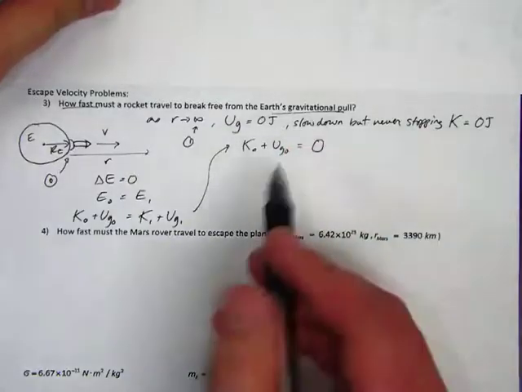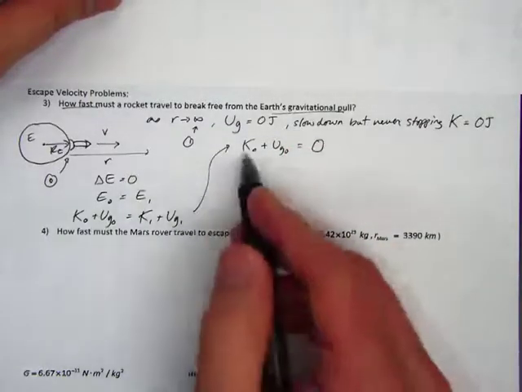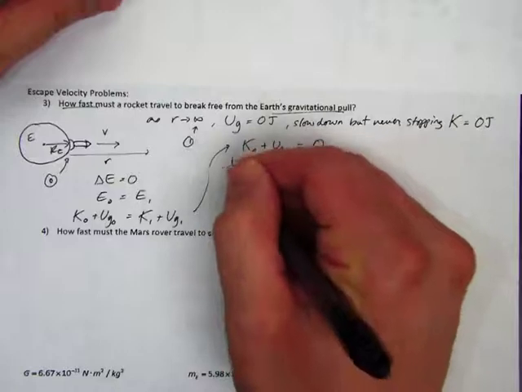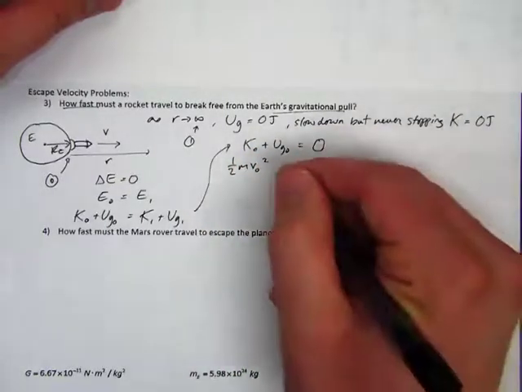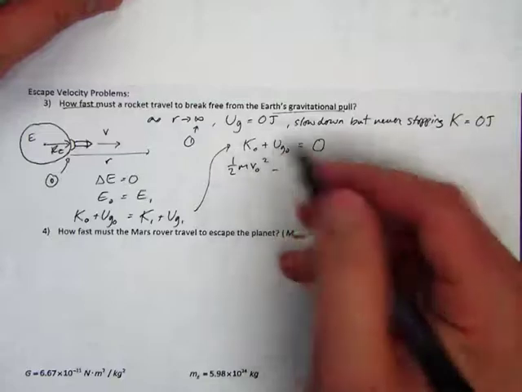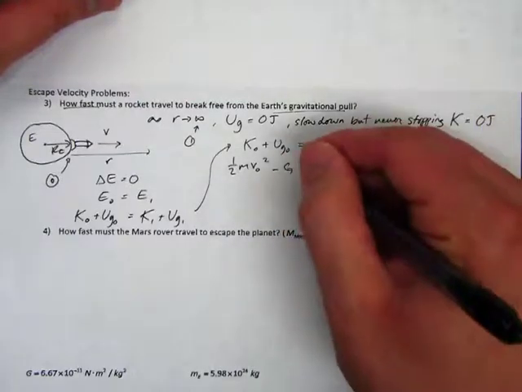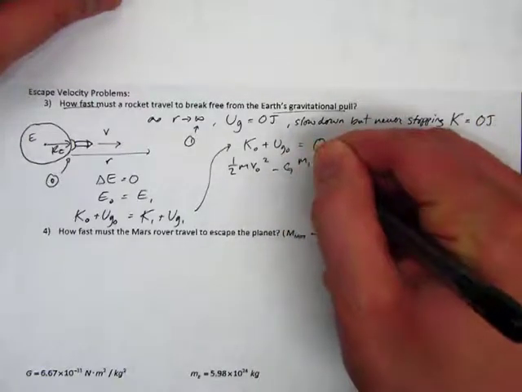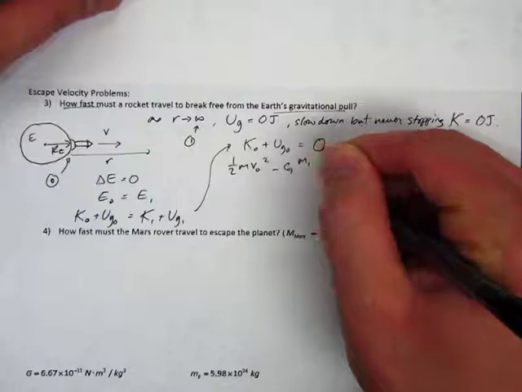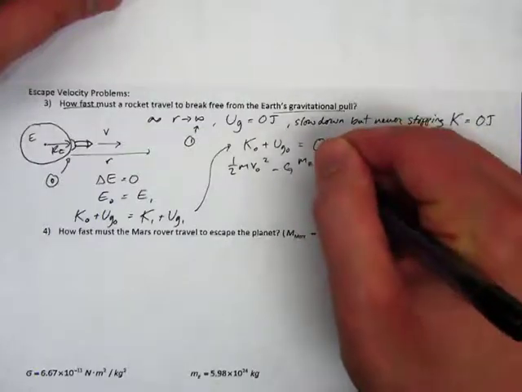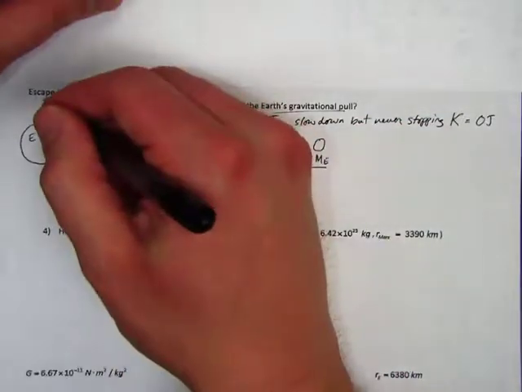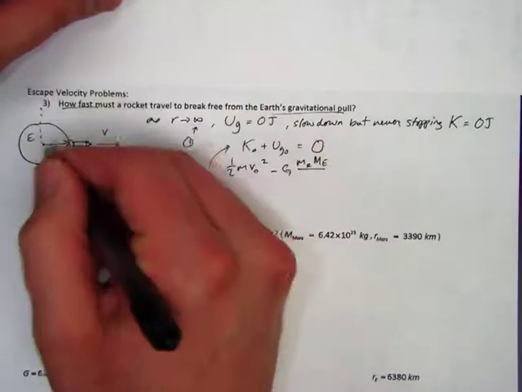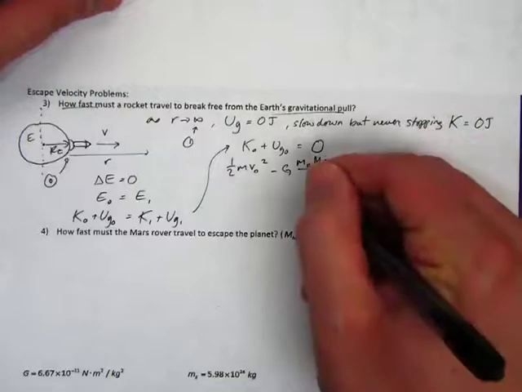All right, well, what about the initial energies? The initial kinetic energy will be 1/2 m v initial squared, and then minus the initial gravitational potential, which will be G m of the rocket times m_E, mass of the Earth, over r, since I'm beginning at a position r relative to the center of the Earth.